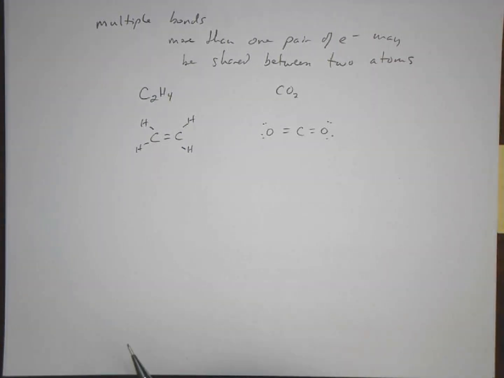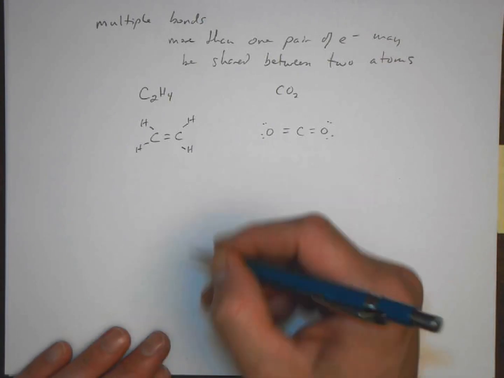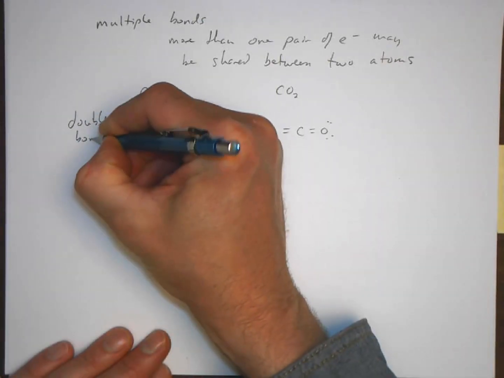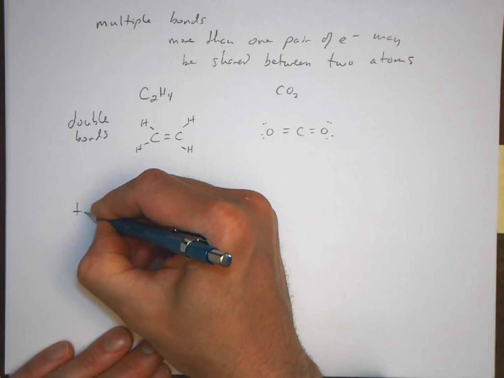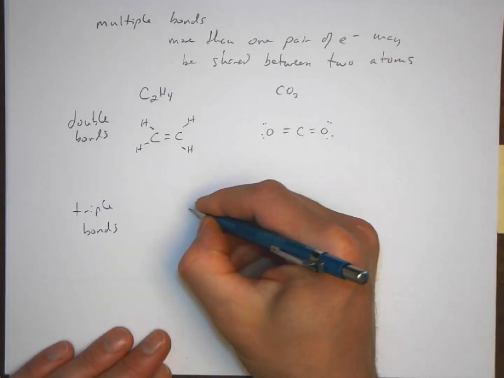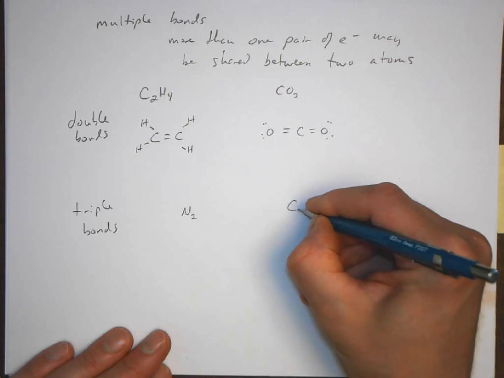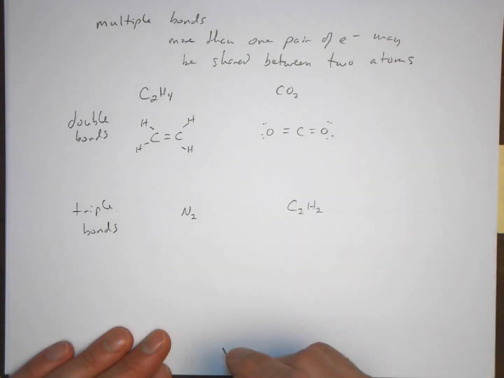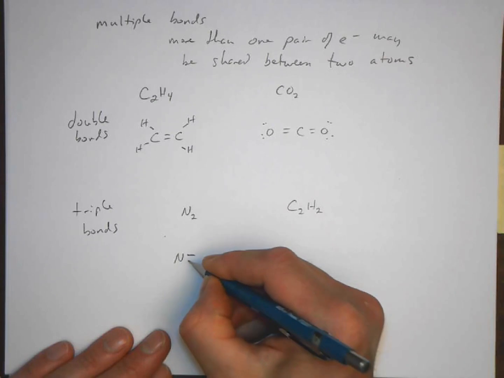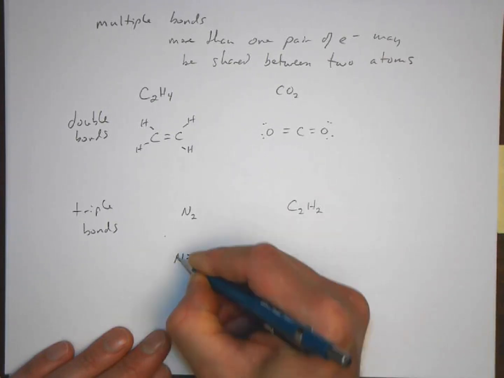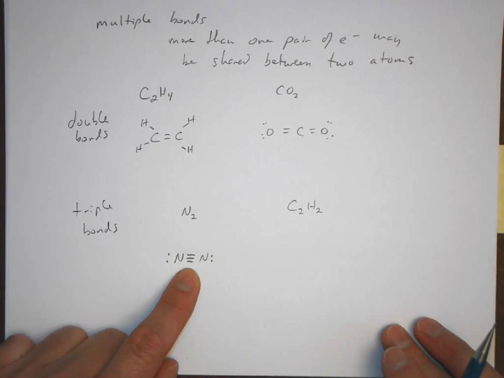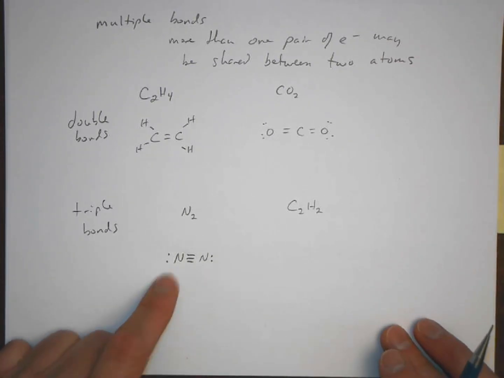We can also have triple bonds. So these are double bonds. These are triple bonds that are possible. Here are two examples. Nitrogen, N2. Nitrogen's best Lewis structure would look like this, where we have 3 pairs of electrons that are being shared between the 2 nitrogen atoms.